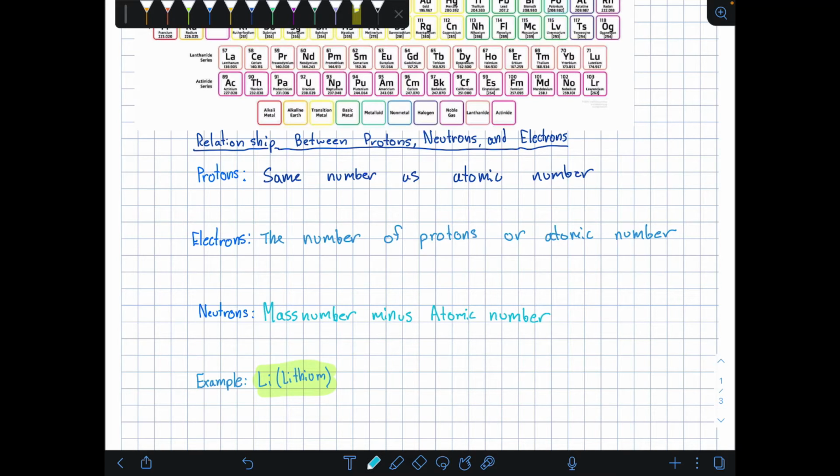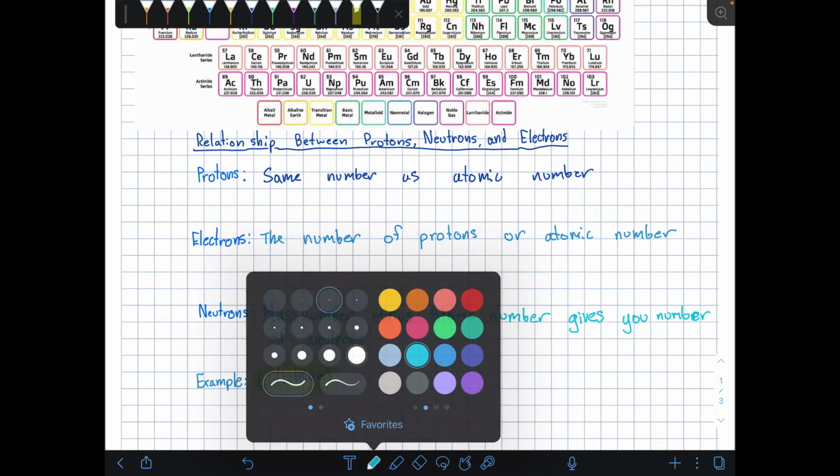I think it'll actually always be bigger. You'll learn about why later. So that's your neutrons.